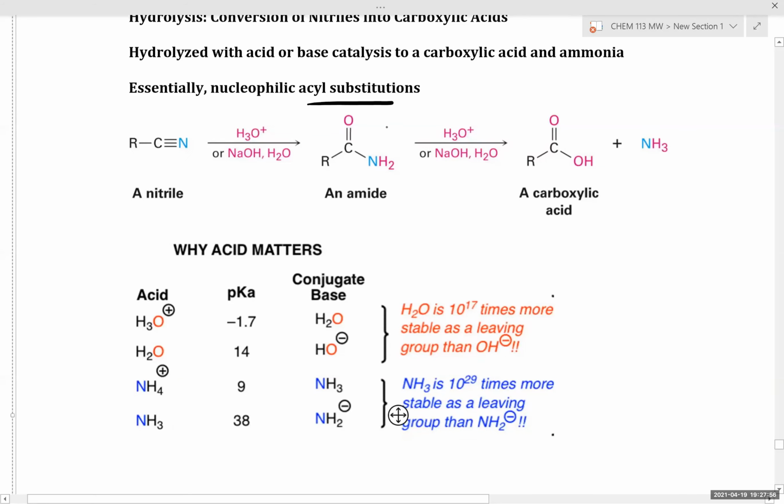We're taking an amide and converting it to a carboxylic acid using water as our nucleophile. Now, you may say to yourself, wait, this amide, that doesn't look like a great leaving group. That's correct.